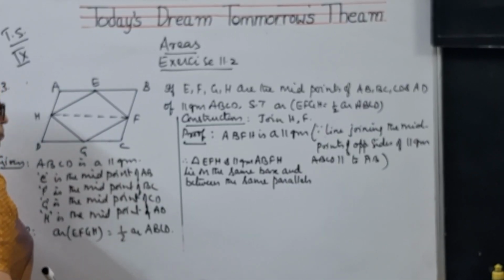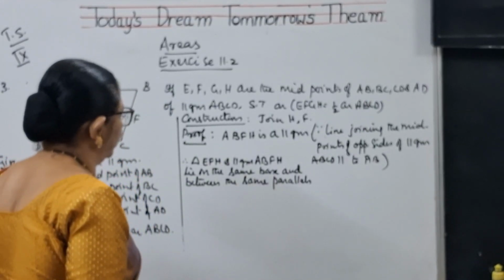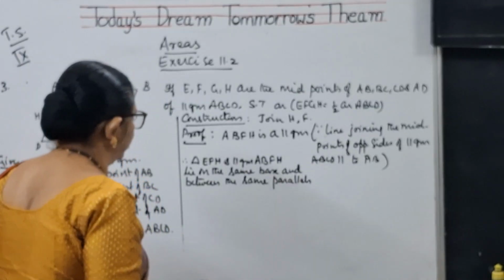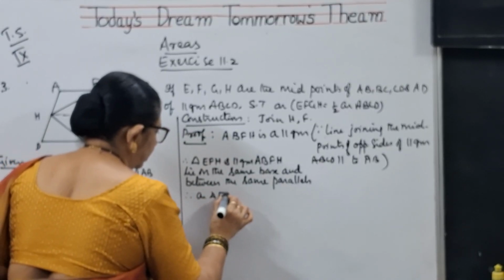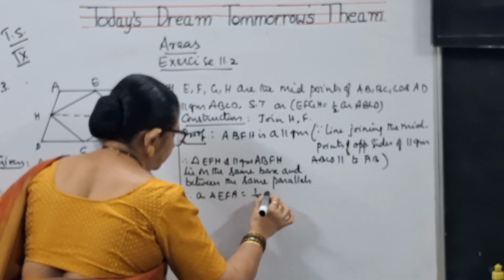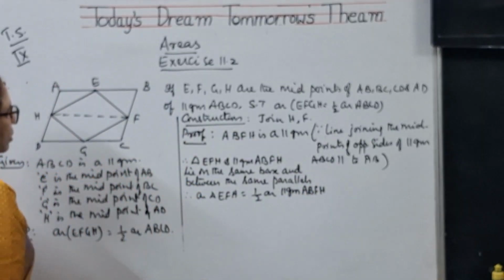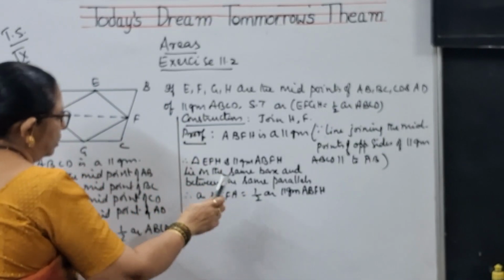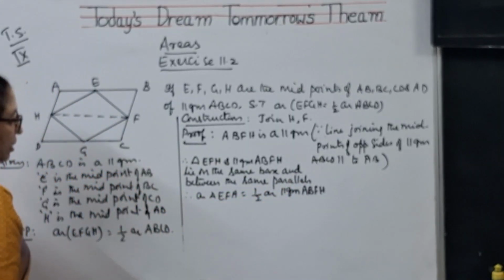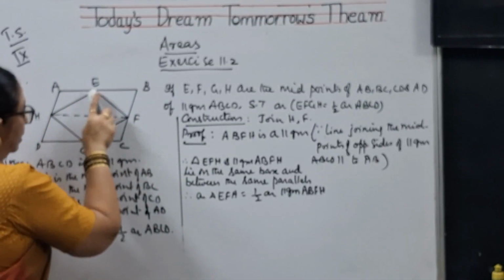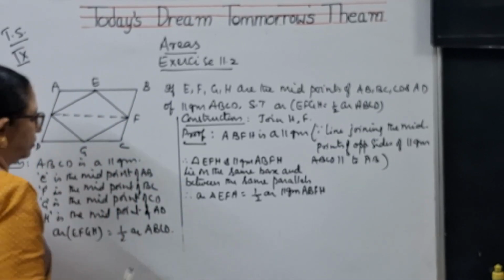So we will be saying that therefore area of triangle EFH is equal to half area of parallelogram ABFH. What is that children? Triangle EFH and parallelogram ABFH lie on the same base and between the same parallels. Therefore, EFH triangle area is nothing but half of parallelogram ABFH.